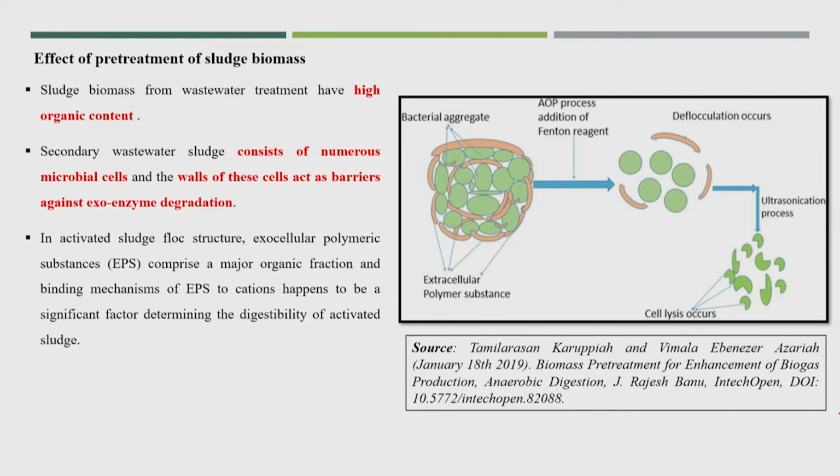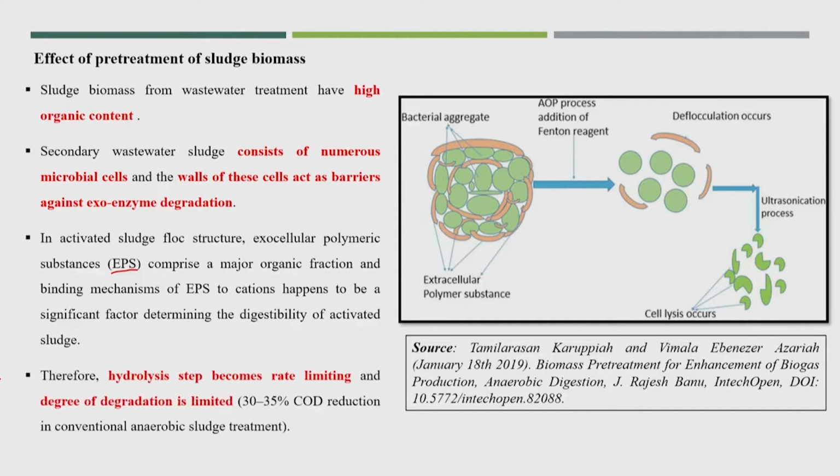Also, this sludge will have extracellular polymeric substances, EPS, which comprise a major organic fraction, and the binding mechanism of EPS to the cations happens to be a significant factor determining the degradability of activated sludge. So, what is the benefit of that?